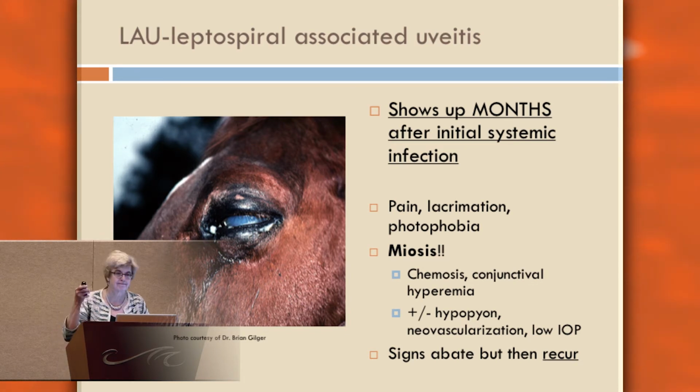And no matter whether you treat it or not, and I hope you treat it, but if you don't treat it, the signs are still going to settle down on their own. And then it's going to recur and recur and recur. And every time it recurs, remember the dominoes, you get more cumulative damage. It's going to harm more things inside of the eye because that ciliary body does so many things, and eventually you're going to have a blind horse much of the time, or a visually impaired horse, and we don't want either one of them.